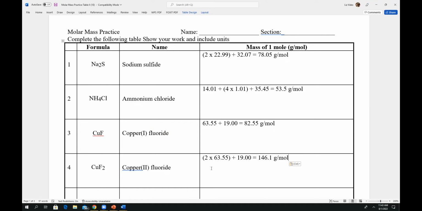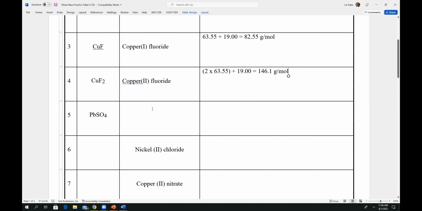Okay. Now, this is going to get a little more complicated. So this is lead 2 sulfate. Okay, so for this one, you're going to do lead, which is 207.2. You're going to have 1 sulfur at 32.07, plus you're going to have 4 oxygens at 16 each.